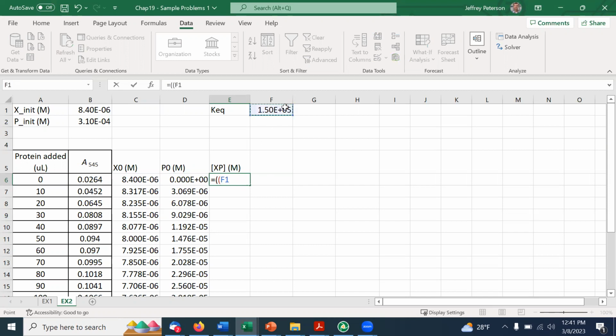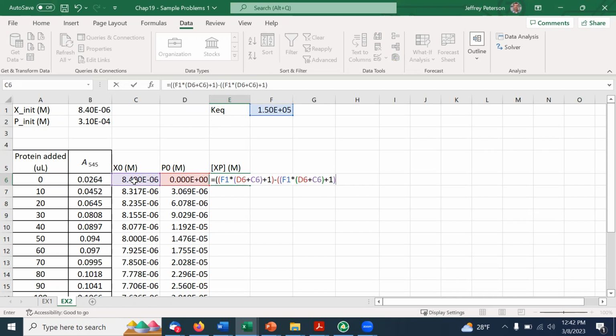So K times P0 plus X0 plus 1, minus, I'm going to have a big square root. So I'm going to put a bracket on this. K times P0 plus X0 plus 1.